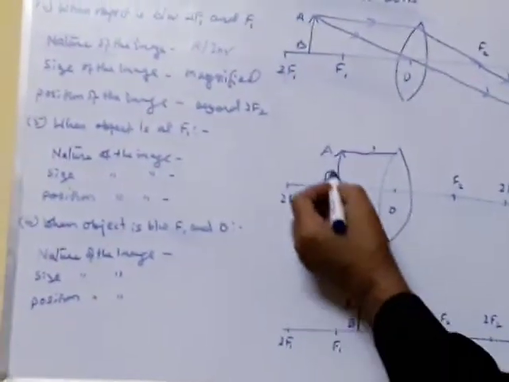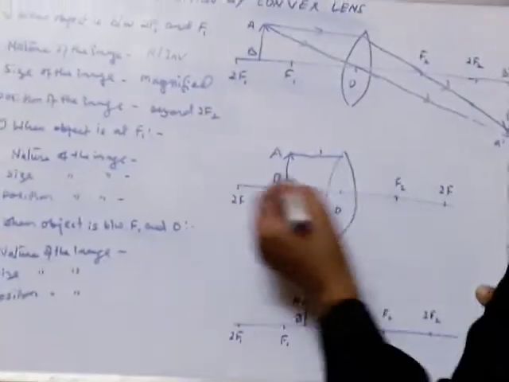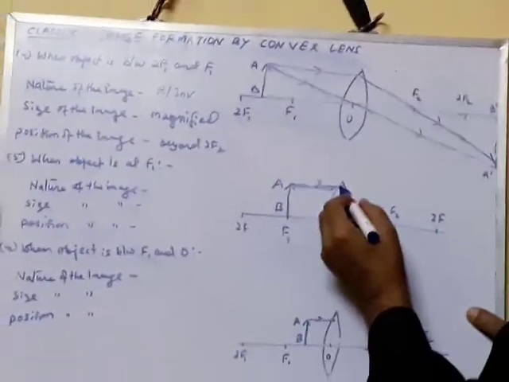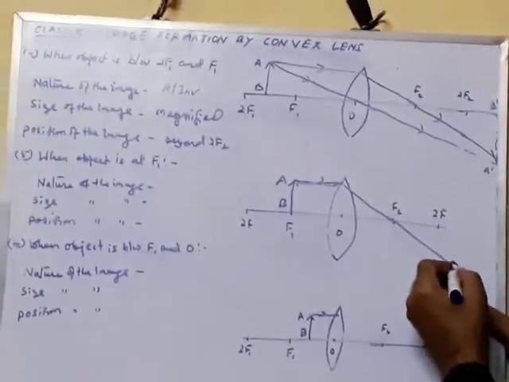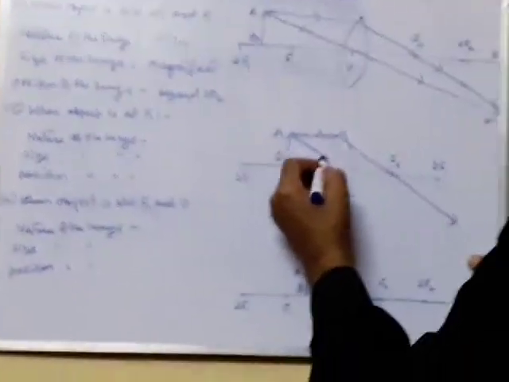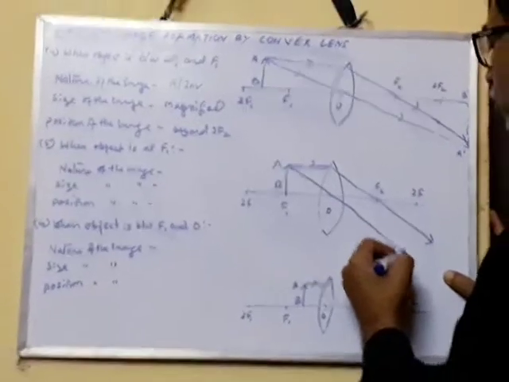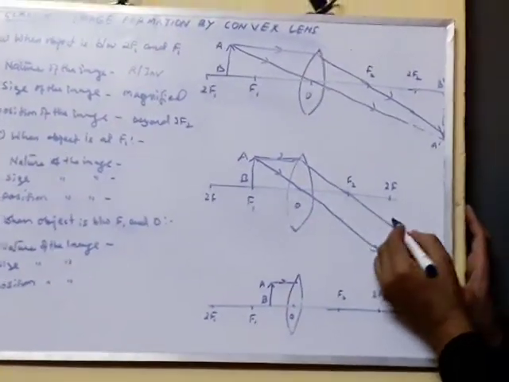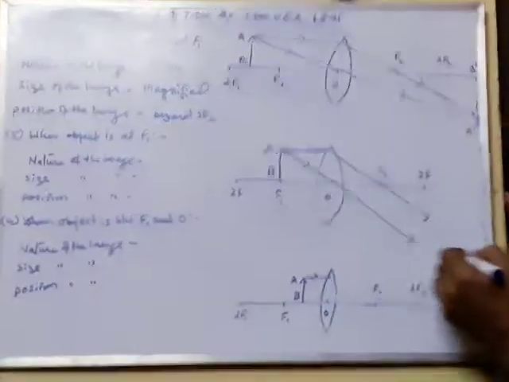In the next case, we bring the object closer to the lens, that is at f1. When AB is placed at f1, select a ray parallel to the principal axis. After refraction, it goes to the principal focus. Select another ray which passes through the optical center, so it goes straight without deviation. My dear students, you see that the two refracted rays are parallel to each other.